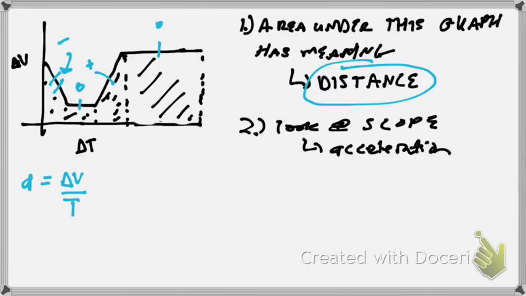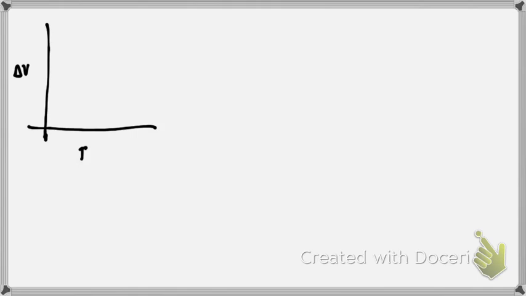So we have time here, and we have the change in velocity, right? So here's the complication. You go down, and then all of a sudden you have a drop here, and it drops off this way. Okay, so let's just kind of draw this out like this.